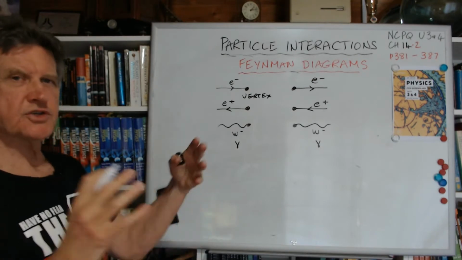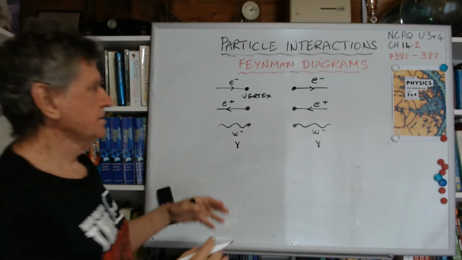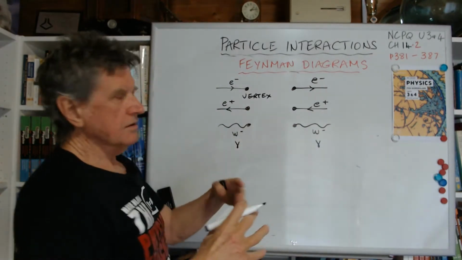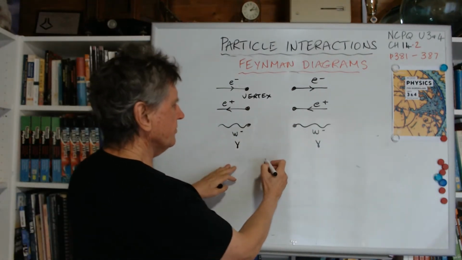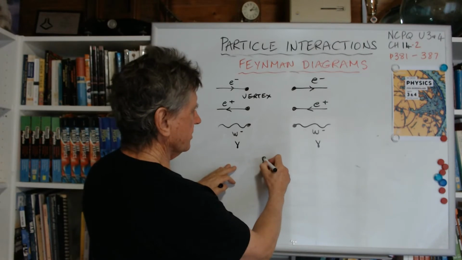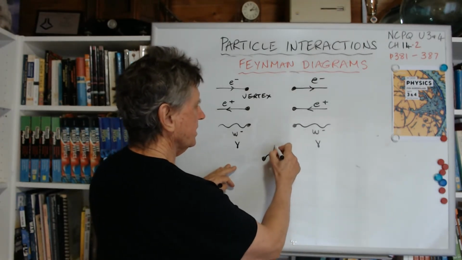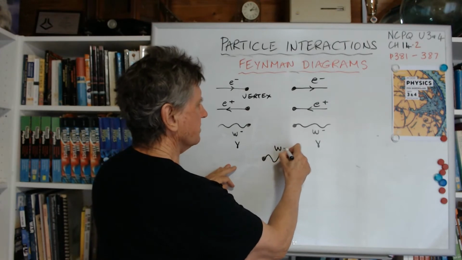Now internal lines. They're the incoming and outgoing, but when they interact you might indicate them like this. You might say the interaction is via, let's say, a W minus particle.